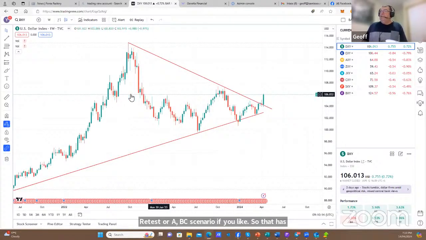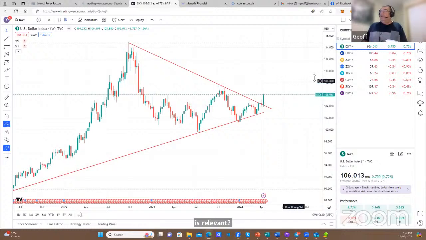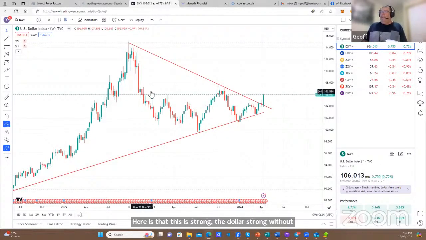It's at a resistance level, however, which is throwing an absolute spanner in the works, and doesn't really give you a whole lot of confidence in buying this at its high. Not that I'm a fan of that in any case. But what is relevant here is that this is strong. The dollar's strong, without question, has broken through that resistance level and now finds itself at minor resistance as well.